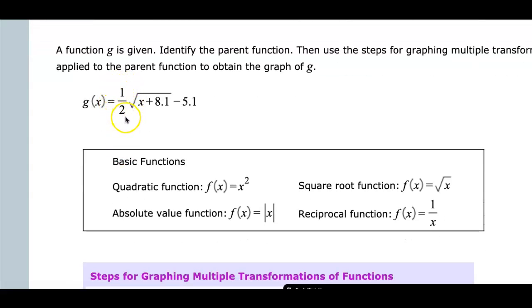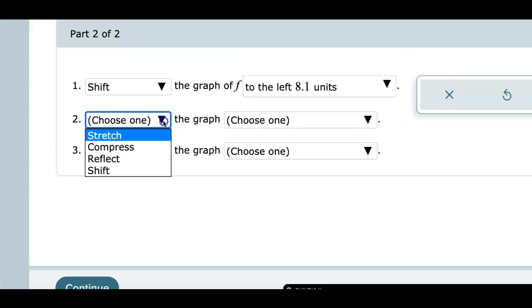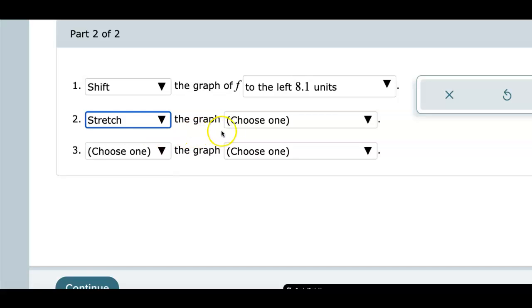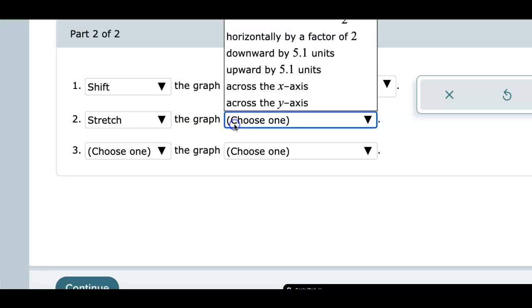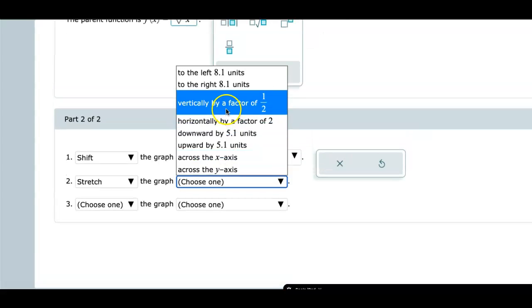Let's see what are some options that we can choose from. Multiplying by 1/2. Are we going to say stretch, compress, reflect, or shift? I'm going to go ahead and say stretch the graph by a factor of 1/2. Okay. Horizontally, okay. Stretch the graph.